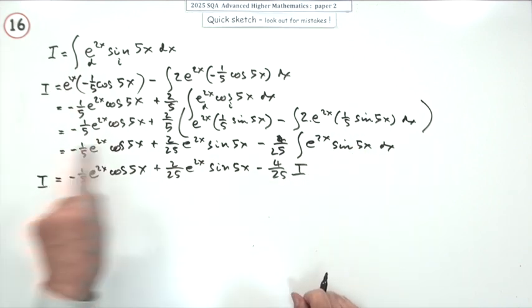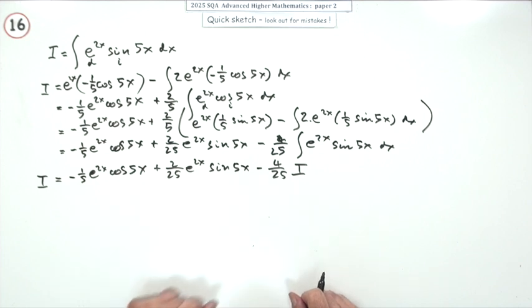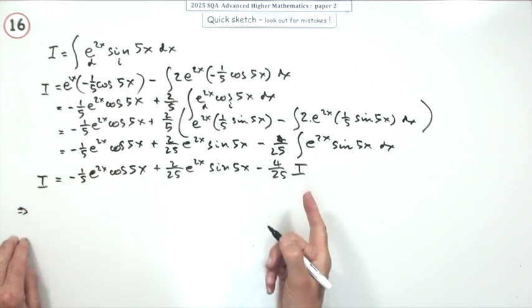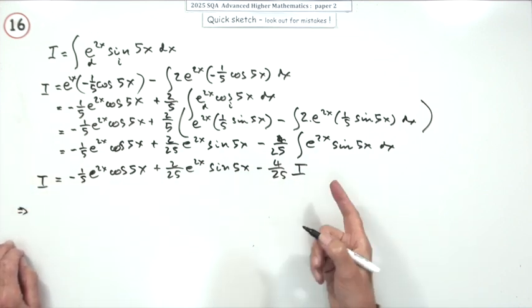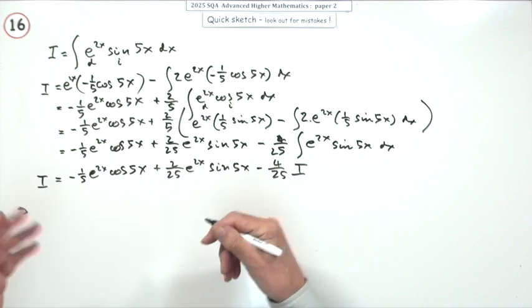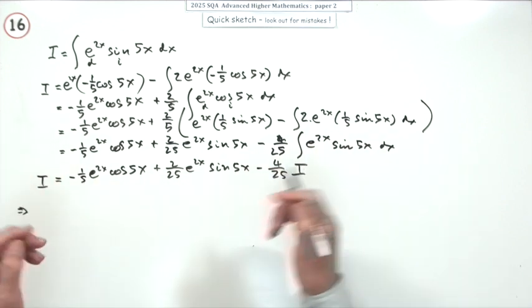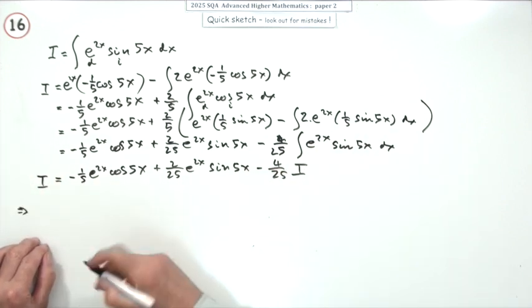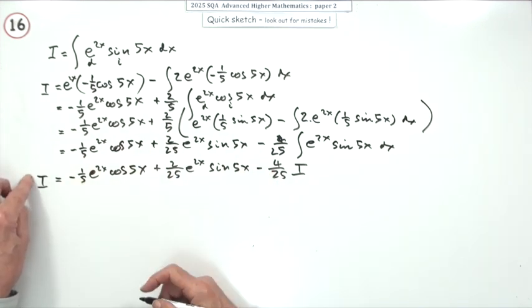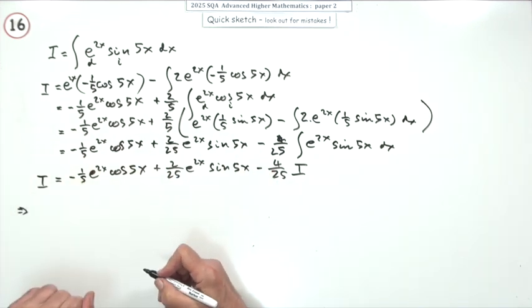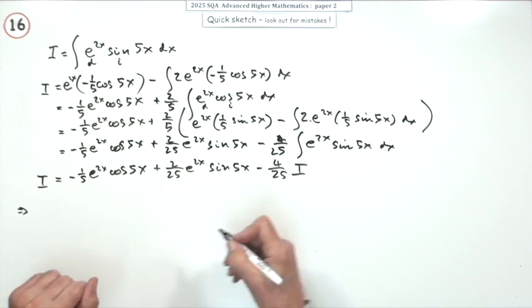I want I, so I'll just bring that over here and get rid of that coefficient, the new coefficient, and that'll be it done. So bringing that over, now there is a plus c, which I'm not putting just yet because it'll get altered, but it'll just be another constant when I bring that across the divide. Now there's 4 bits here, but there's 25 over there. But I'm taking that over, so that's going to be adding to 29 bits.